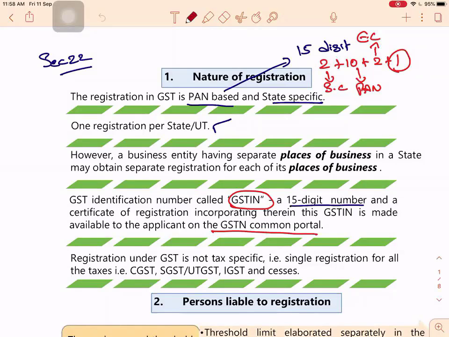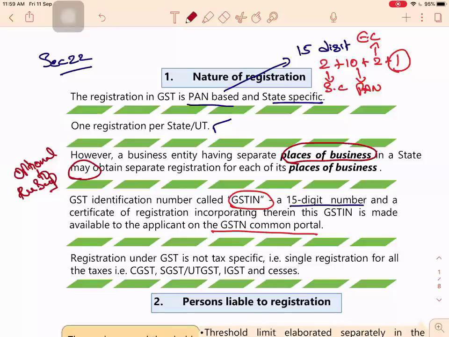However, if a business entity has separate places of business in a state, it may obtain separate registrations. The word I used here is "may", which means it is optional to the supplier to obtain separate registration for all these places of business.